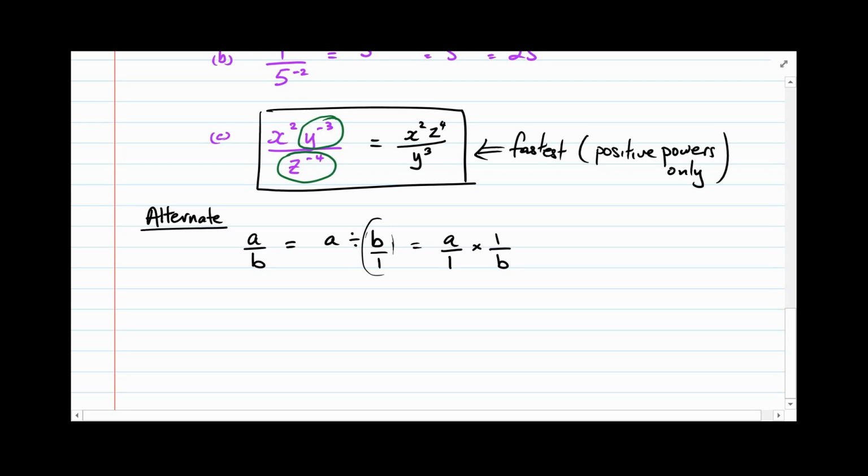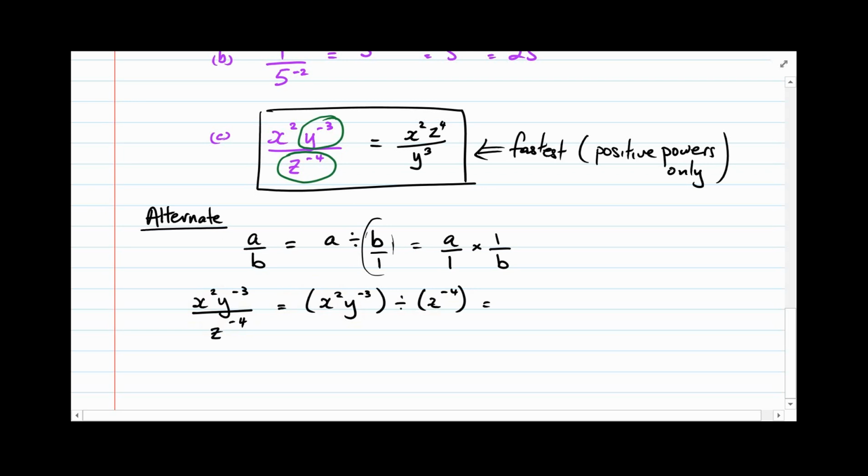Okay? So, let's look at the problem at hand. We were given x squared y to the minus 3 over z to the negative 4. Let's write it in the form. Here's the numerator, x squared. I'm just putting it in a bracket because I want to isolate what's happening. And z to the minus 4.